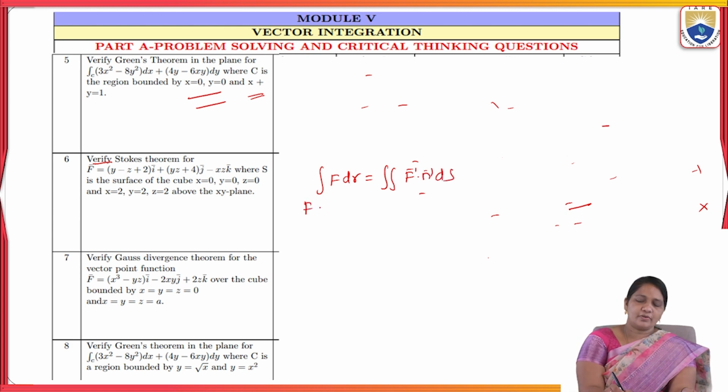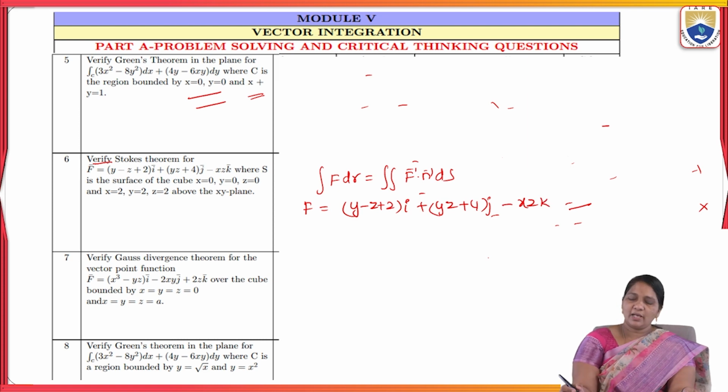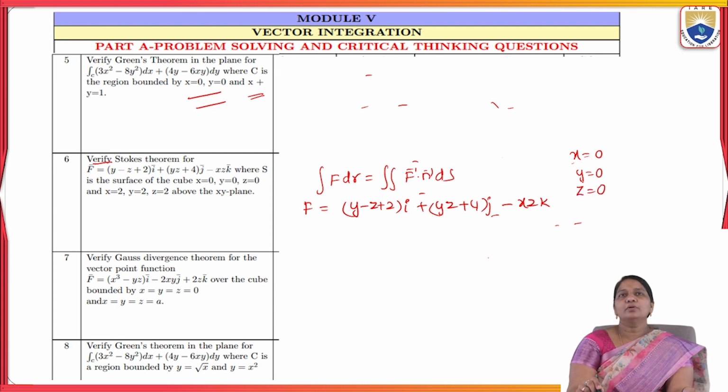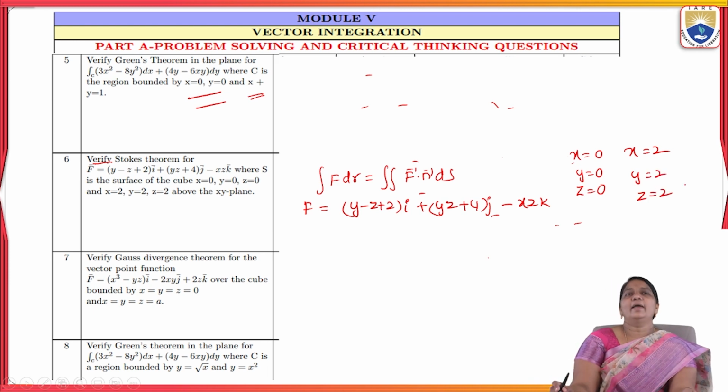So what is the F function they have given here? F is (y minus z plus 2) i plus (yz plus 4) j minus xz k. Here they have given x equal to y equal to z equal to 0, so x equal to 0, y equal to 0 and z equal to 0, and they have given the values x equal to 2, y equal to 2 and z equal to 2, above the xy plane.